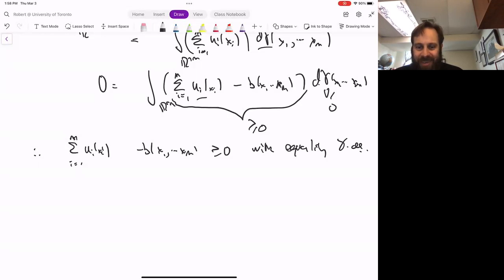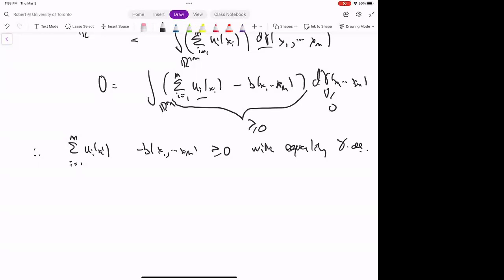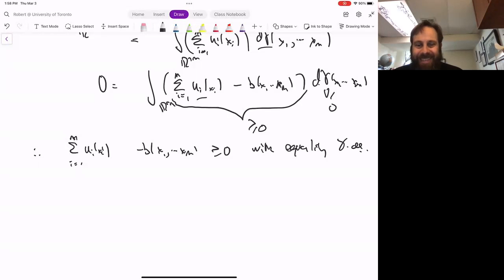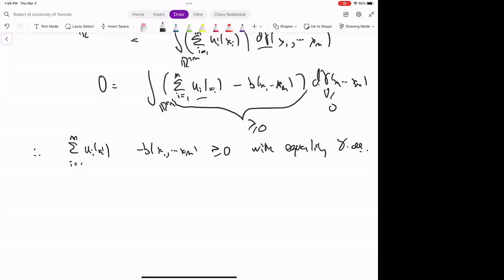So what do we know about the zero set of a non-negative function? It's a minimum, exactly. And what do we know about minima? So what does calculus tell us about minima?